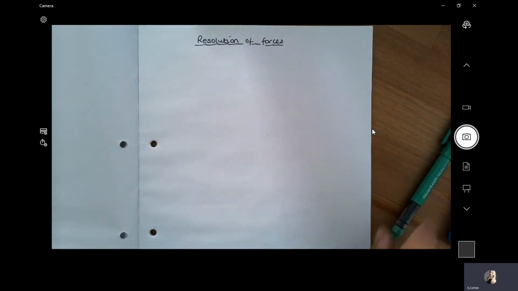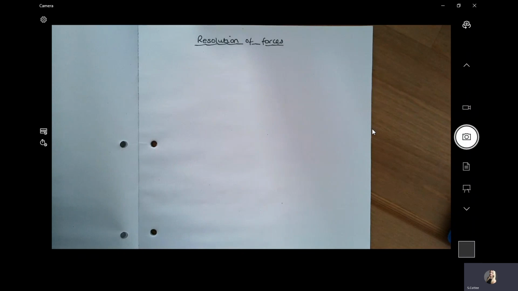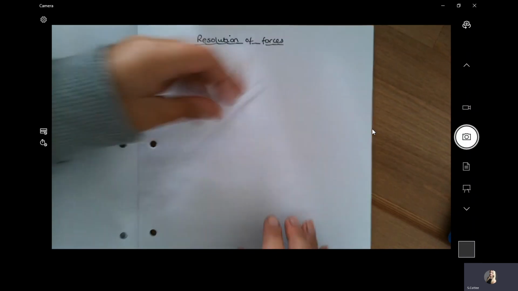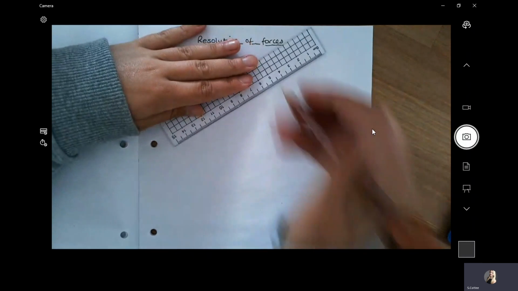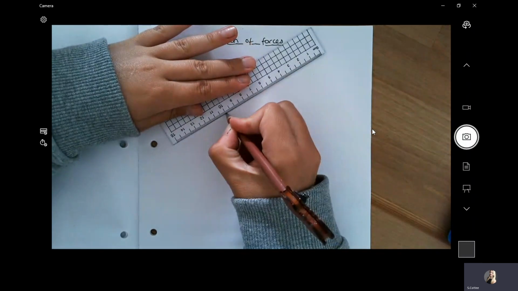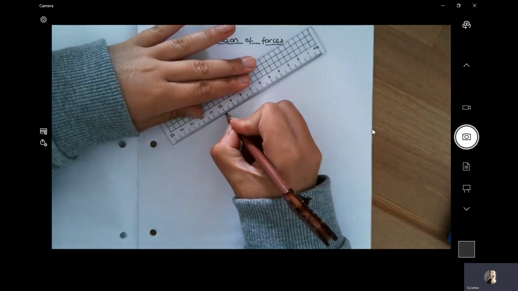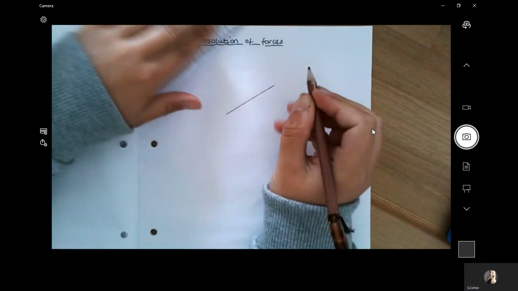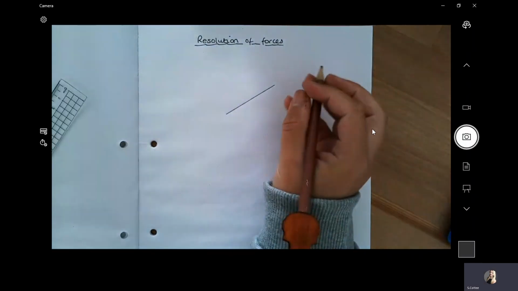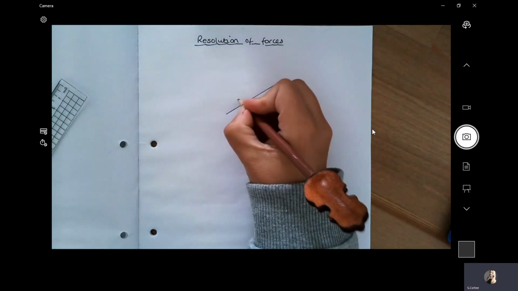So in a question, you could be told that you have a force, and I'm just going to draw any random force. I'm going to make mine be 5 centimeters long. So that could mean that that is 5 newtons.